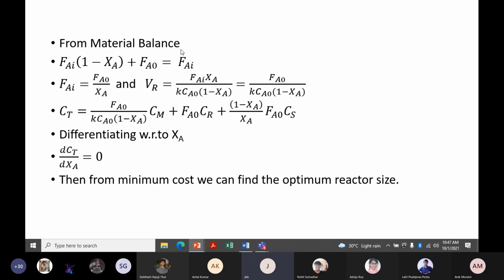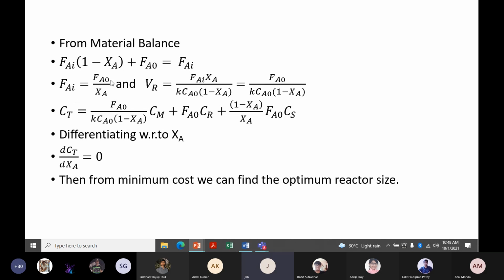From the material balance at that junction, FA1 (1 minus XA) is added with FA0, and after mixing these two streams, it is supplied to the reactor as FA1, at the inlet of the CSTR.